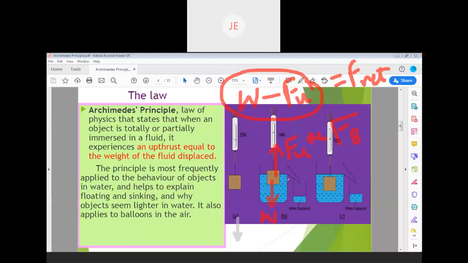Why? Because an upthrust force of around 6 Newton is acting upward, and weight is acting downwards at 20 Newton. 20 minus 6 is 14 Newton. That 6 Newton is called the upthrust force, and it is equal to the weight of the fluid displaced.